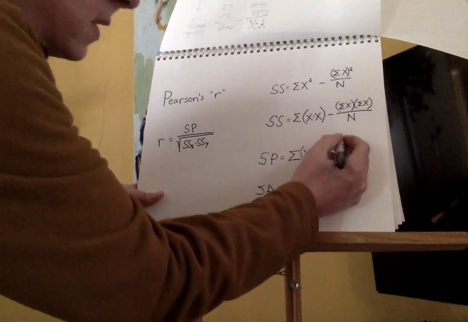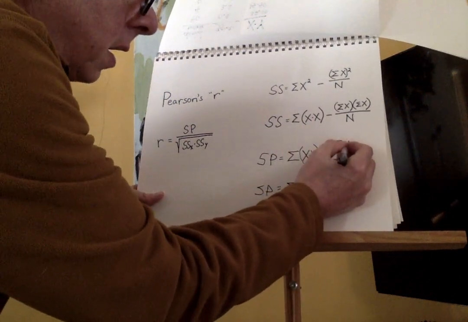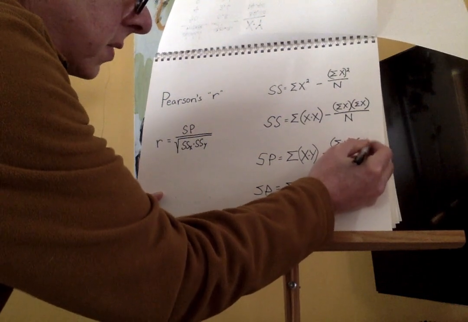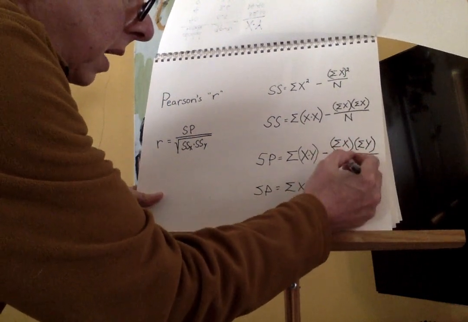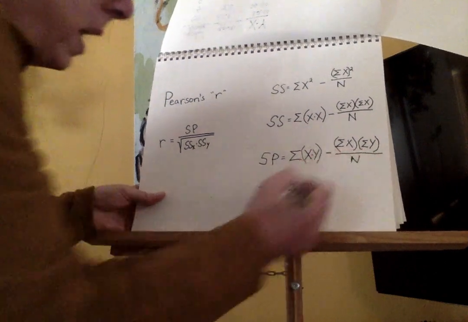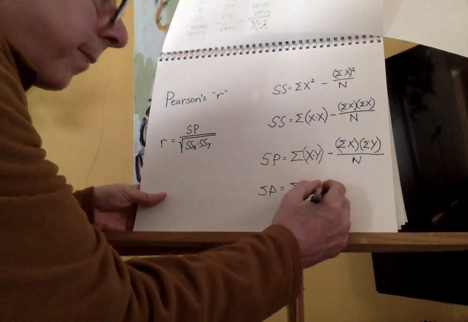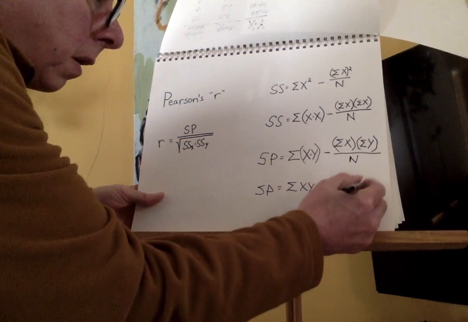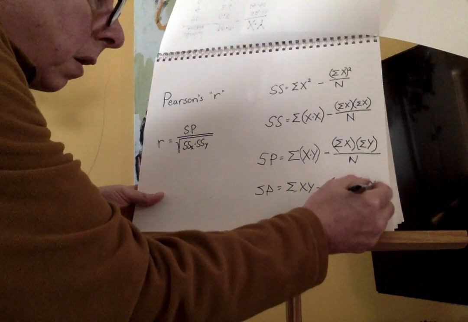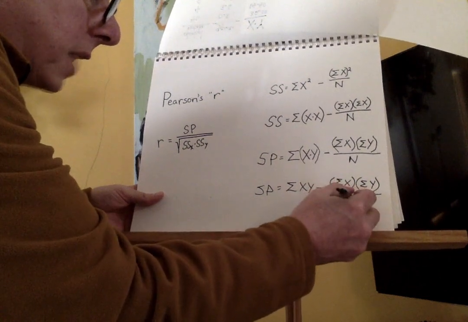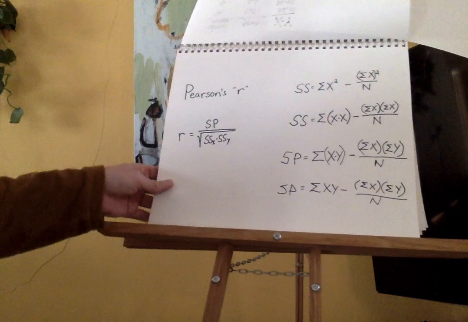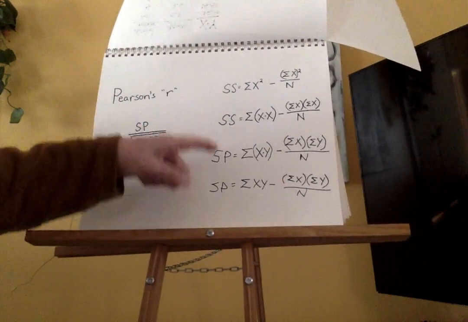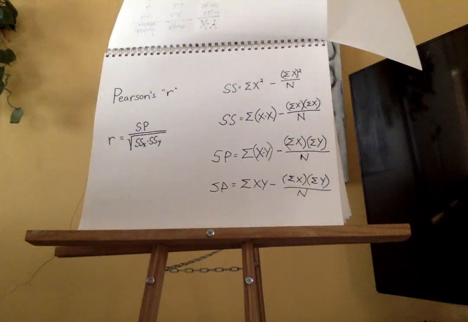With one of these x's, I'm going to do a y. So we're going to take the sum of all the x's, multiply it by the sum of all the y's, and make sure that we divide by n in this case. Okay? So it's really of the same form as the sum of squares, but we're replacing y's there, okay?